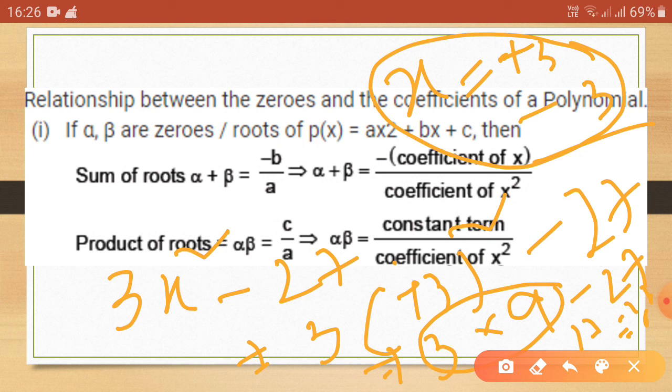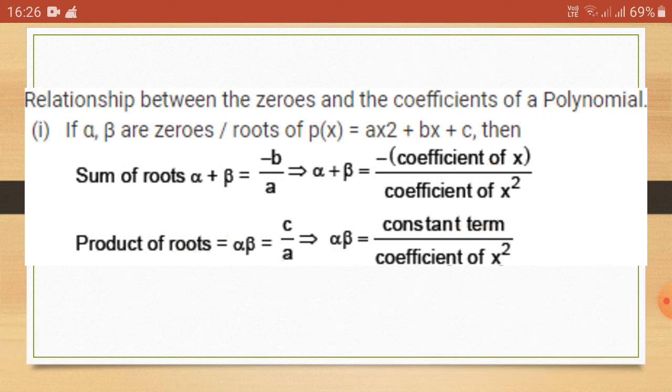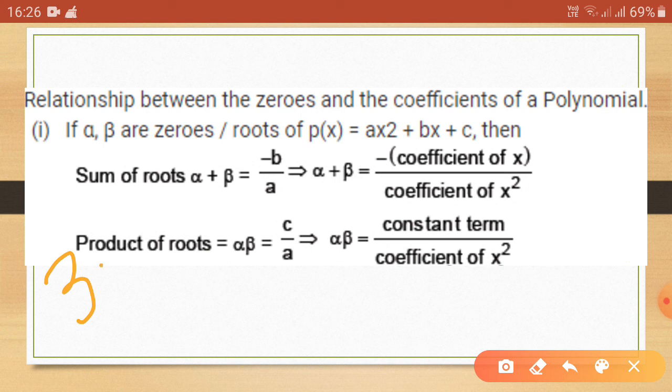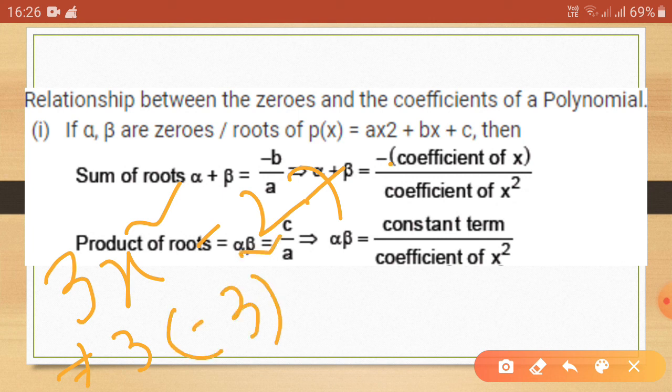Okay, got it? If we write minus 3, the expression is 3x square minus 27. If we put another value of x, that is minus 3, then we will have 3 outside the bracket and inside the bracket it is minus 3 square, that gives us 9, because minus 3 into minus 3, minus minus plus, 3 into 3 is 9, and here 27.